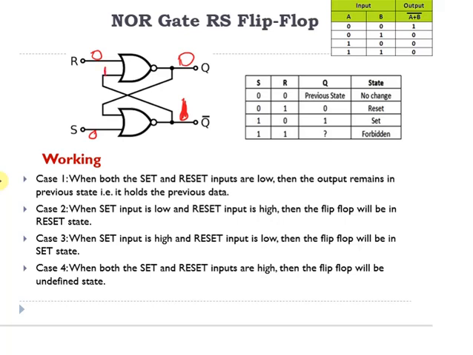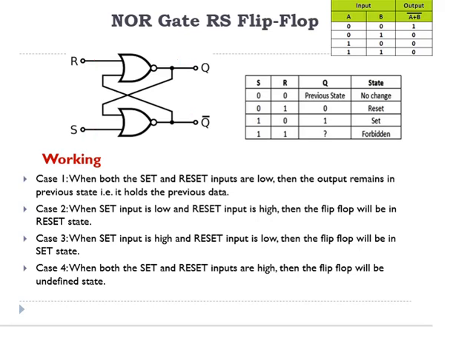Since either one of these inputs is high, this output remains 0, and since this is 0 and this is 0, this will be 1. This output is 1, it is already 1. So that means in a NOR gate latch, when both inputs are 0, the output remains in the previous state. It corresponds to the hold condition.